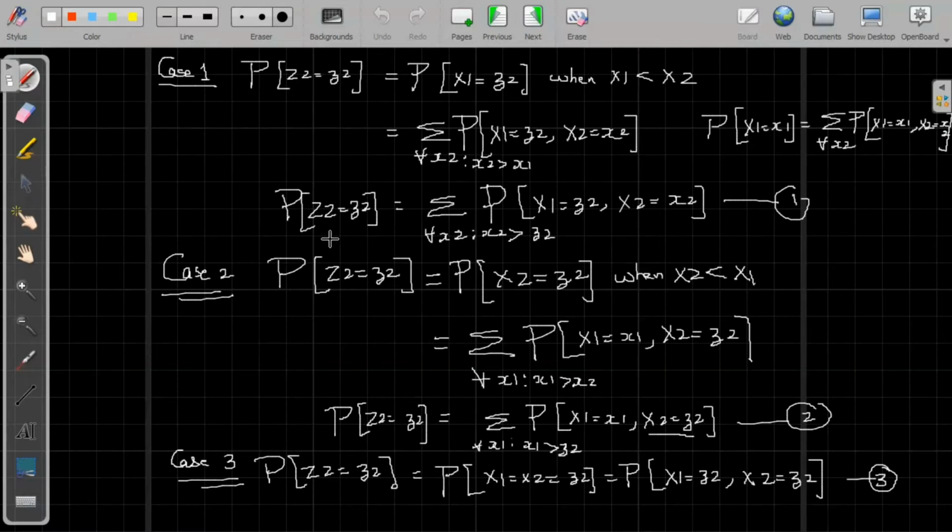So the overall probability that capital Z2 is equal to small z2 will be the sum of these 3 cases. So let's write what is the overall probability that capital Z2 is equal to small z2.